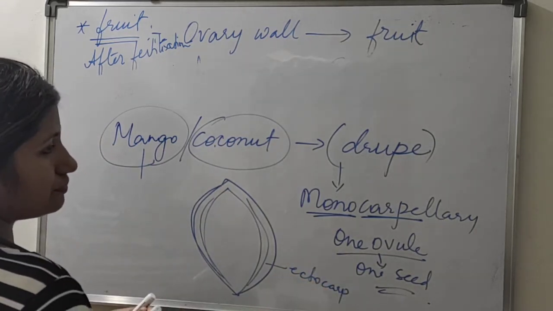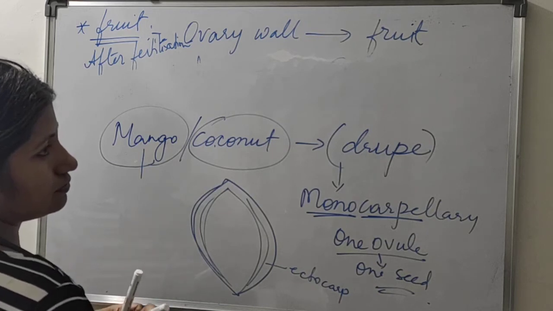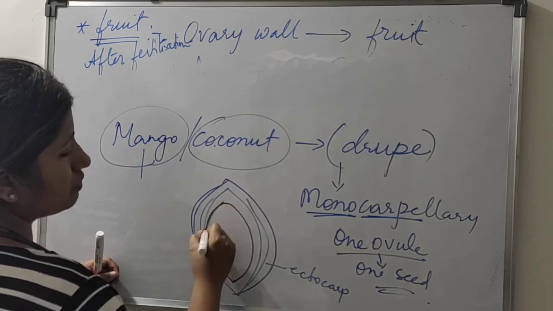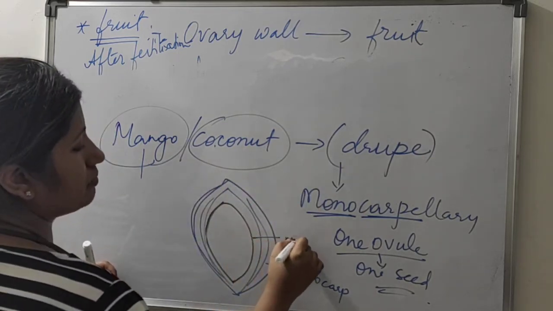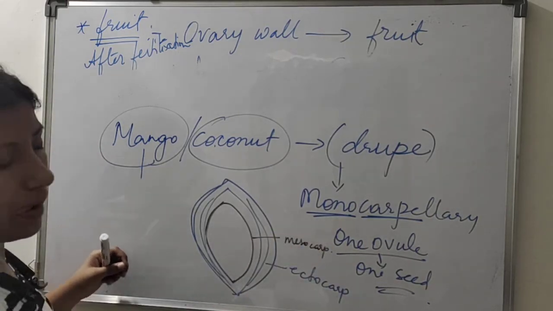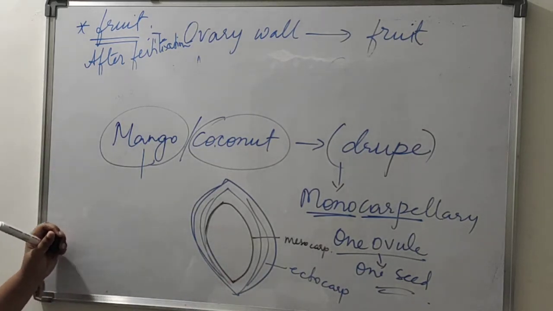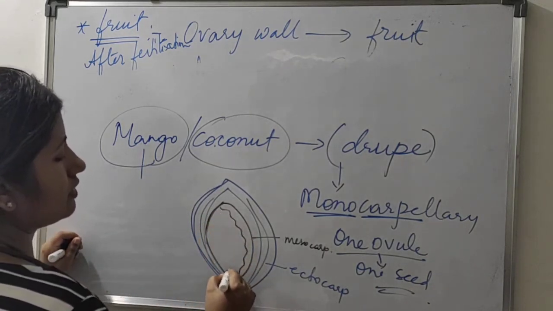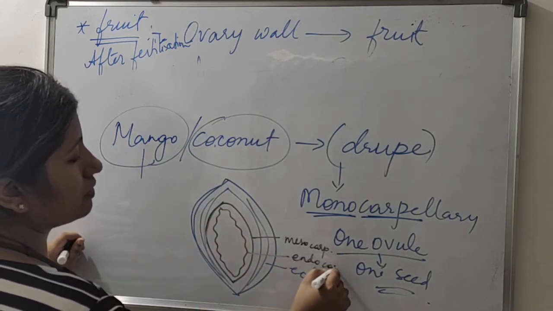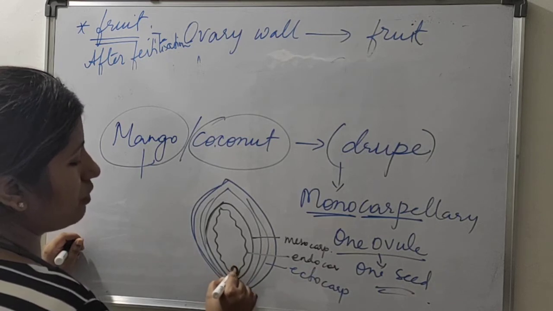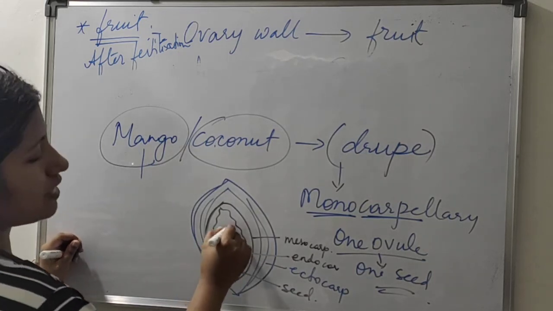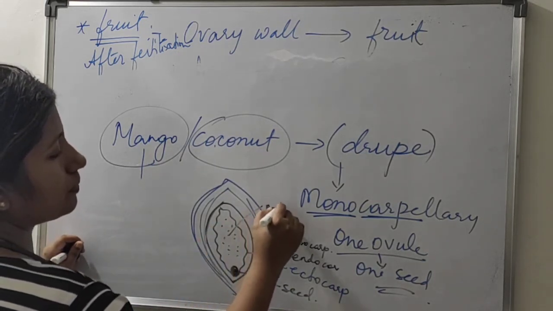Then we have this tough covering which you break, that is mesocarp, that is also fibrous. And the fleshy part, the white fleshy part, that is the endocarp. Here somewhere at the bottom we have one seed. And the liquid present inside the coconut is endosperm.